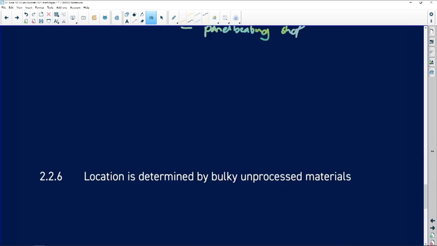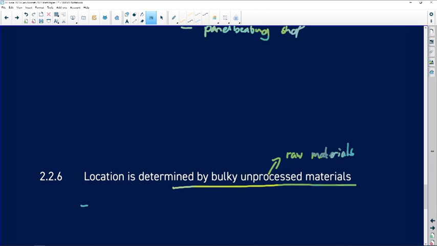Okay, 2.2.6, location is determined by bulky unprocessed materials. So when we look at these unprocessed materials, we can also say raw materials, because it still needs to be processed to get to its final production, or when it's delivered to the consumer.